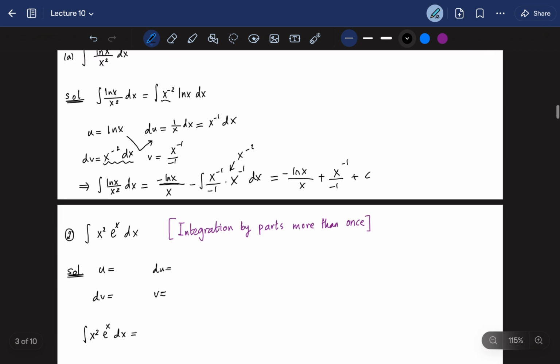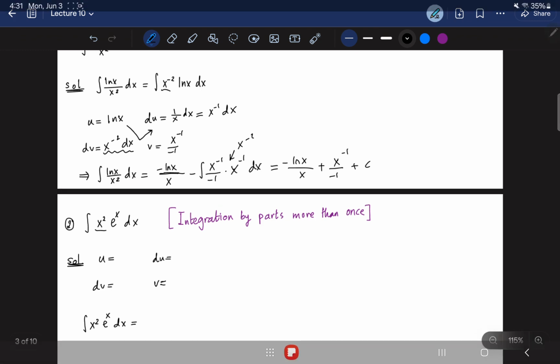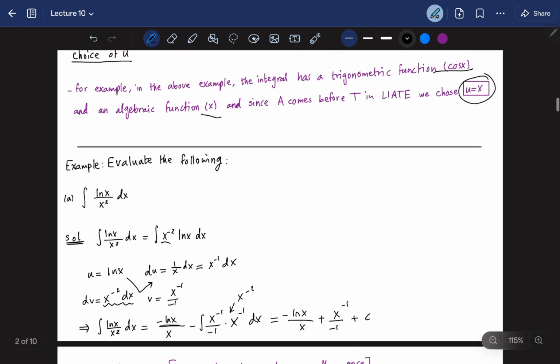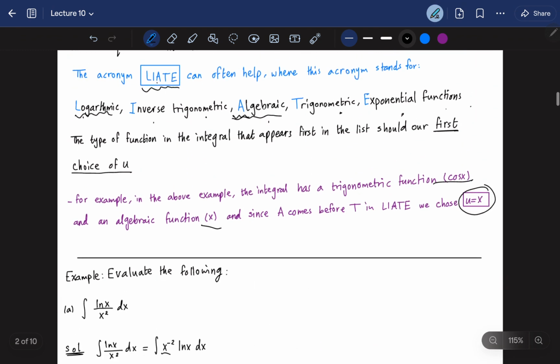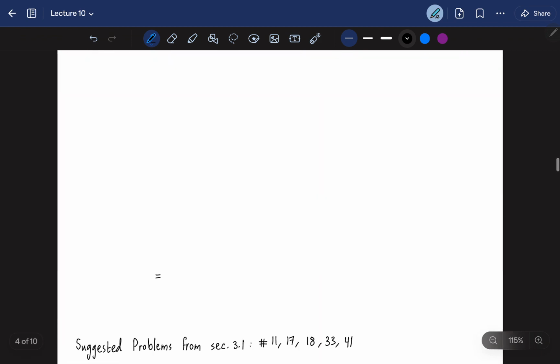Okay, so how about if I have x squared times e to the x? Now, this is an algebraic function. This is an exponential. And if you go back to the acronym, algebraic comes before exponential, so I need to take x squared to be my u.